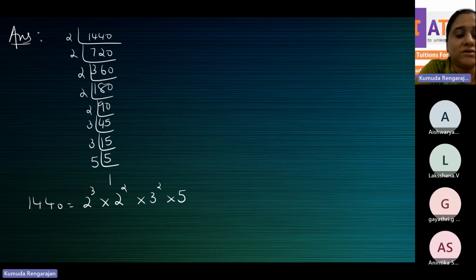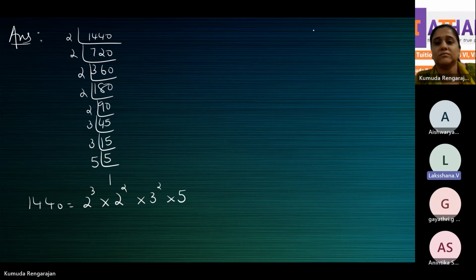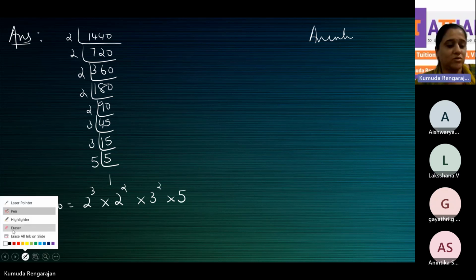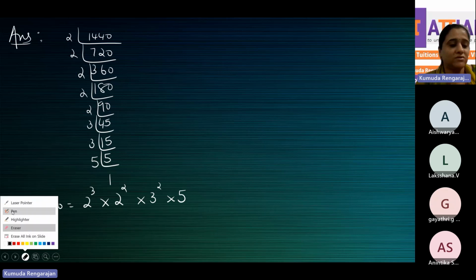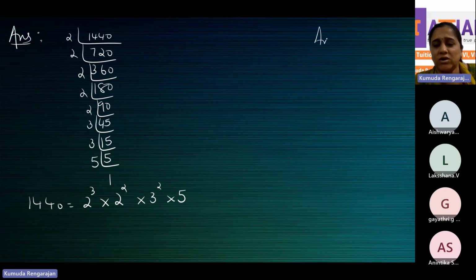Yeah, now final answers. Ma'am, I, Anantika, got it again as 150. Okay, so Anantika says 150. Ma'am, I got it as 180. Just use your initial, the first letter. Anantika, how much? 150. Yeah. Okay, then other answers online.